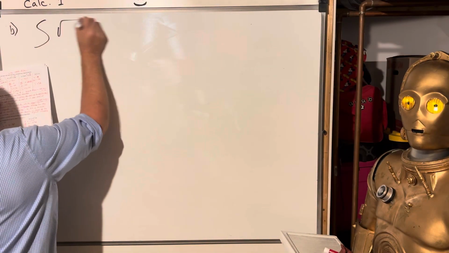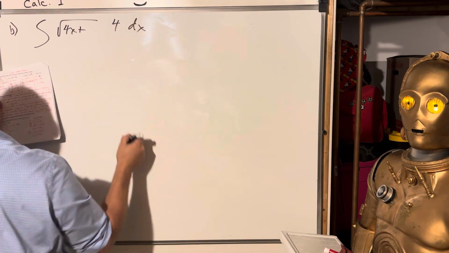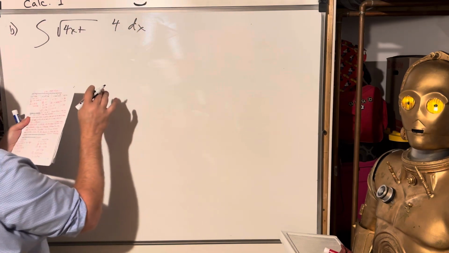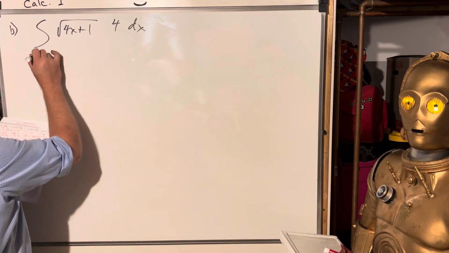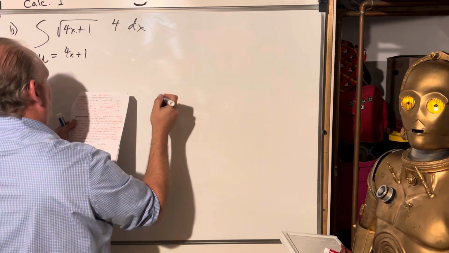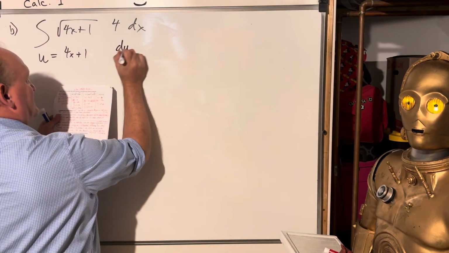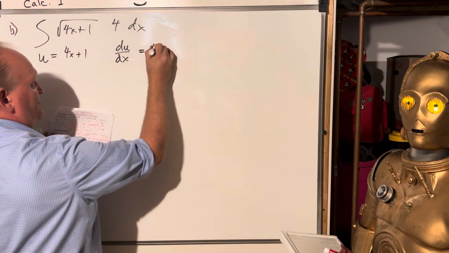All right, so take a look at B. We have plus 1 times 4 dx. All right, now notice there is no x on this one. So u is going to be 4x plus 1. Du dx is going to be the derivative of that, which is just 4.